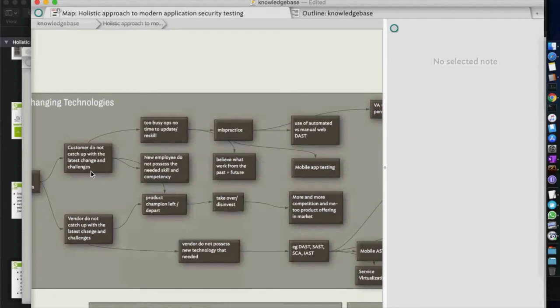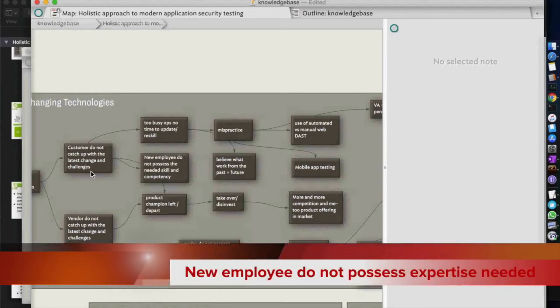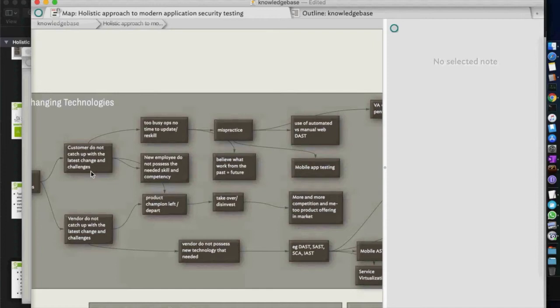actually due to new employees not really possessing the needed skill and competency to do so. Just imagine, we can't expect that people just graduated from university, from IT, will know how to do something so specific and narrow in scope, such as performing business logic testing, for example, on coding for your website.